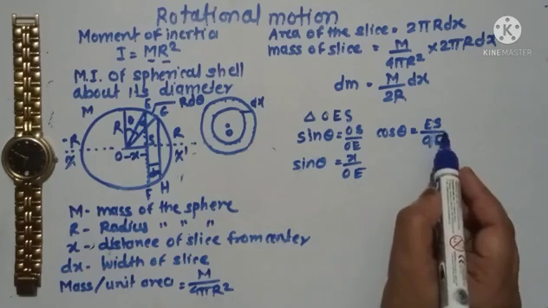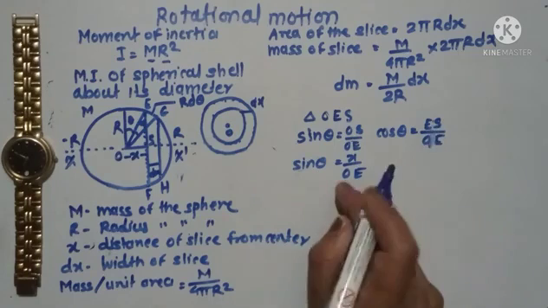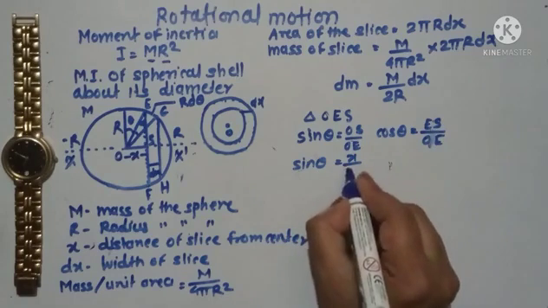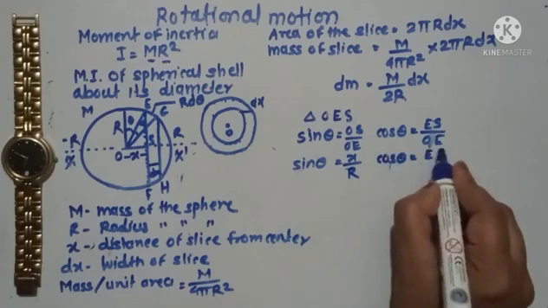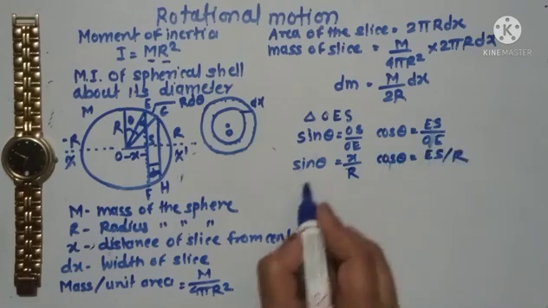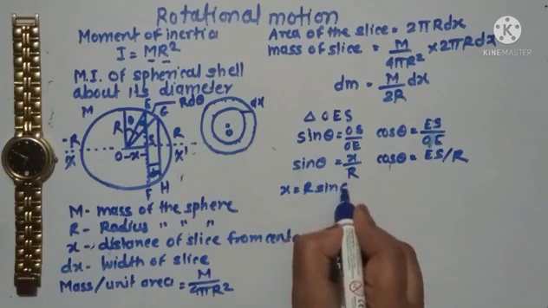So this OS is nothing but x, and x upon OE is sin theta. In this diagram we know that OE is nothing but r, so we can put the value of OE as r. So cos theta is equal to ES upon r, or we can write x is equal to r sin theta.